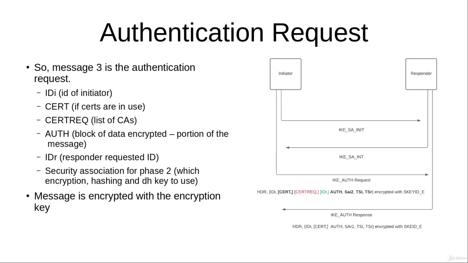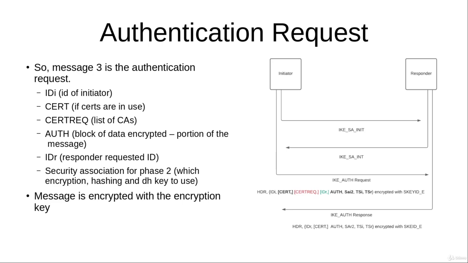The ID of initiator lets the remote side know what ID the initiator is using. So this field would contain the IP address in the case of pre-shared keys, or the subject common name of the certificate that is used. If certificate authentication is in use, the initiator will send its own public cert.